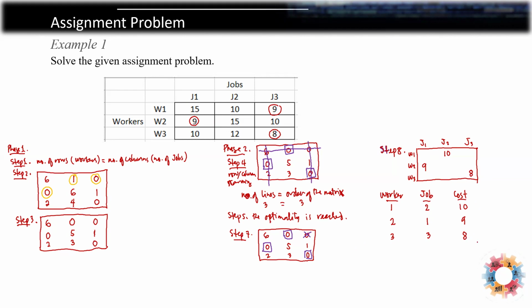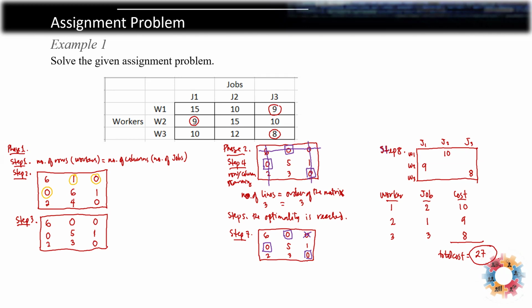Okay. Then to compute the cost of assigning these workers to the corresponding jobs, we compute the total cost. So the total cost would be equal to 27, right? 27. This is the minimum cost. Okay. So that's for example number 1.